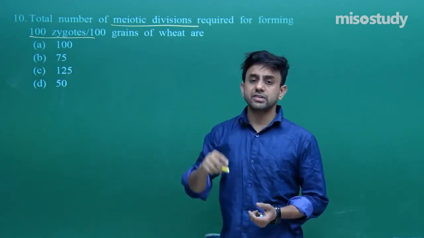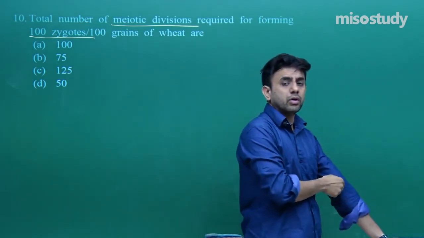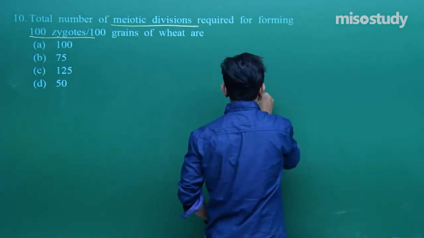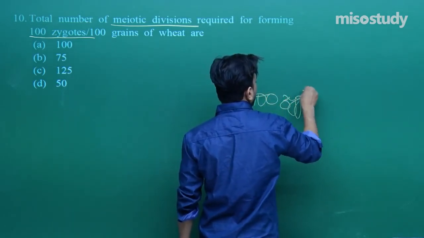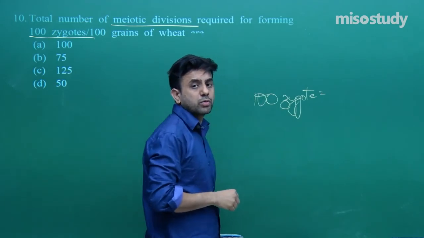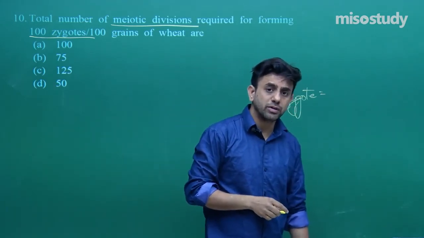So 100 zygotes will require the contribution of how many male and how many female?